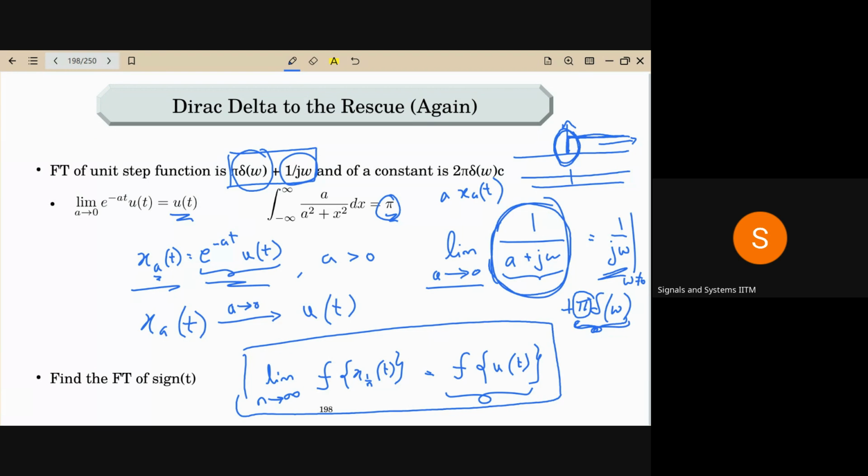That is incorporated through the 1 by j omega term, which, if you draw it, looks something like this, and includes infinitely many frequency components. So for the stable straight line, you get the Dirac delta, and for this one small discontinuity, you get the 1 by j omega. Maybe that gives us some intuition on why the step function has a Fourier transform like this.